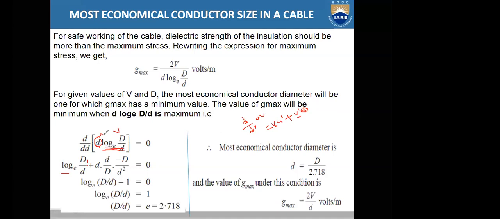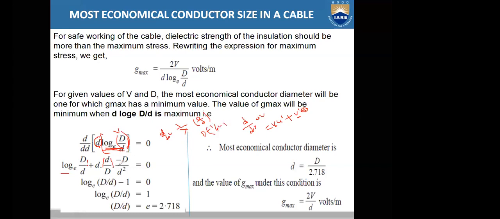When you differentiate, d by dx of log x will be 1 by x. So instead of 1 by x, with x equal to capital D by small d, you get small d by capital D. Again you have to differentiate D by d. D is constant here, and the derivative of 1 by d is minus 1 by d square.